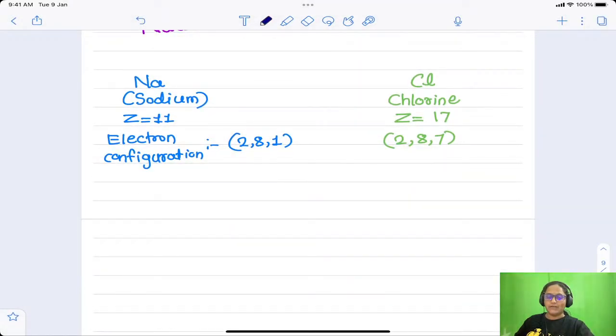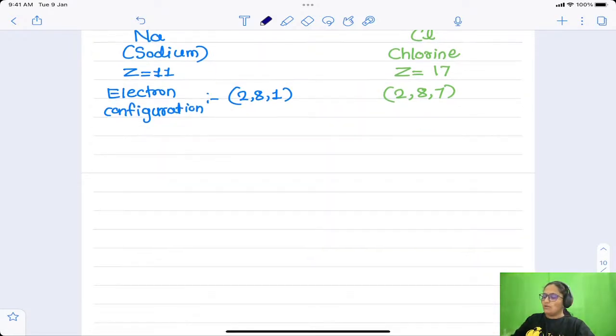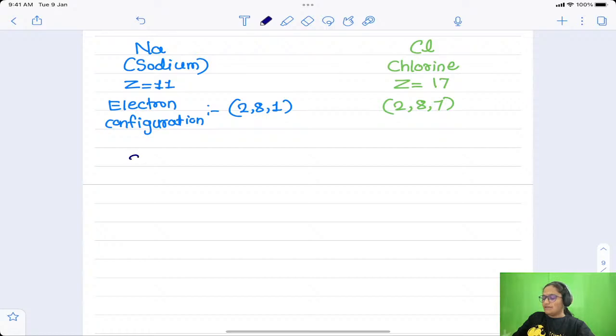Every atom of every element present in nature tries to get stability. How is that stability achieved?